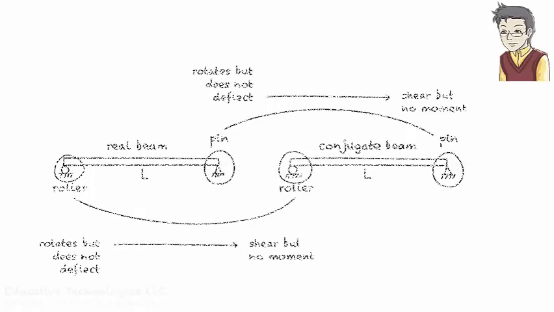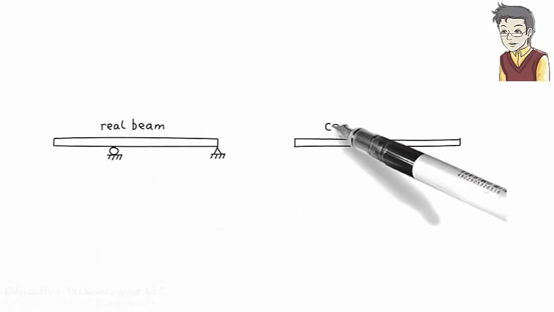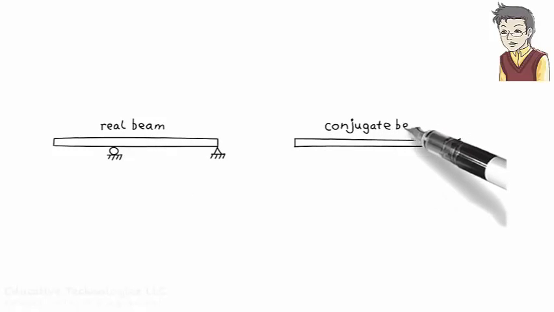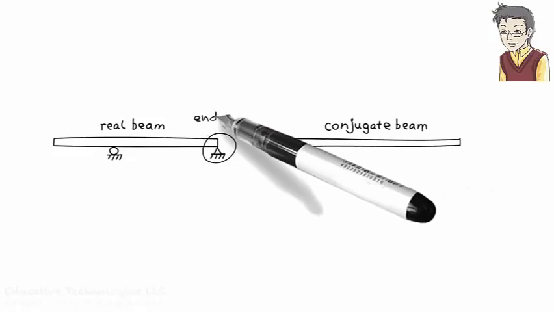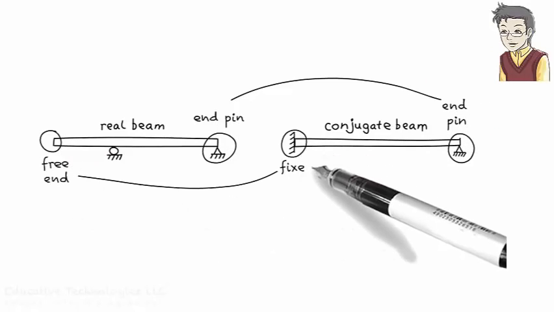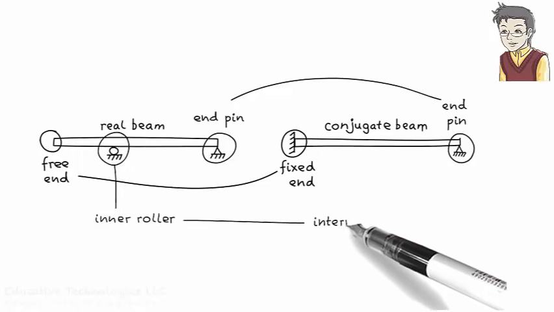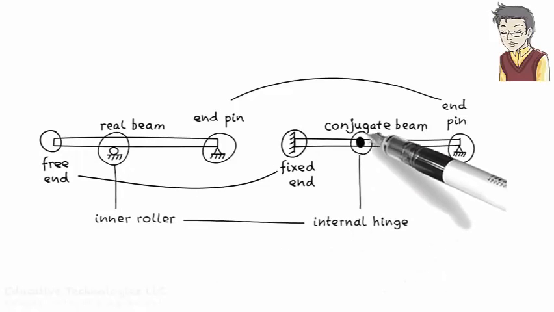If we're dealing with an interior support, if the roller or the pin is placed away from the beam's ends, then the conjugate beam is going to have an internal hinge at that point.